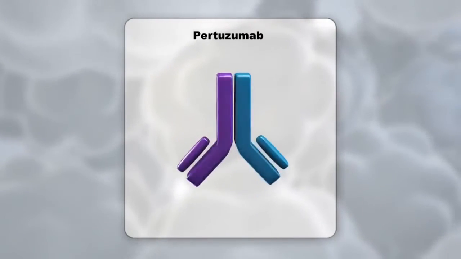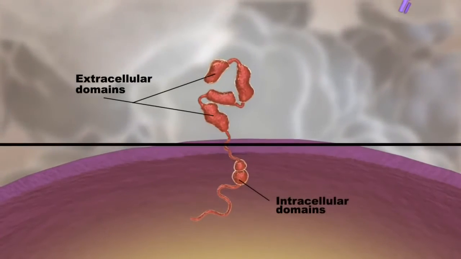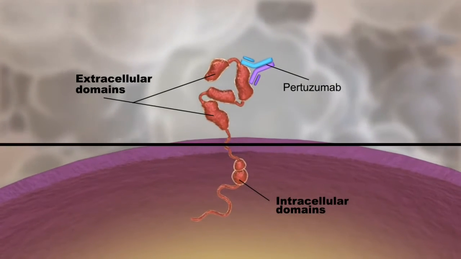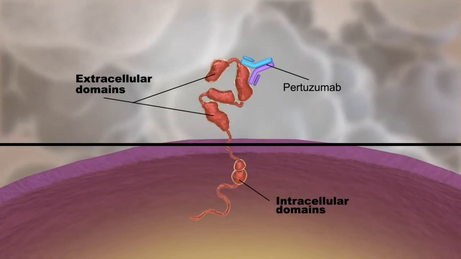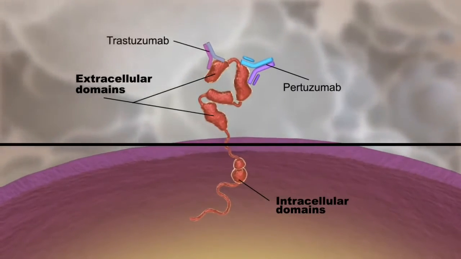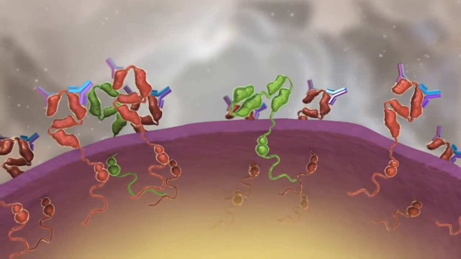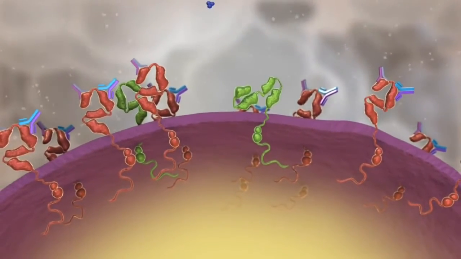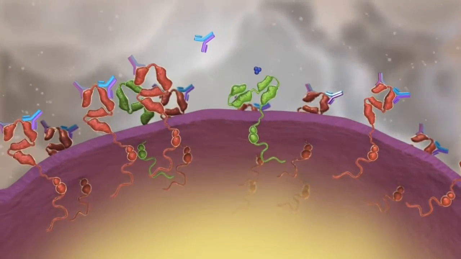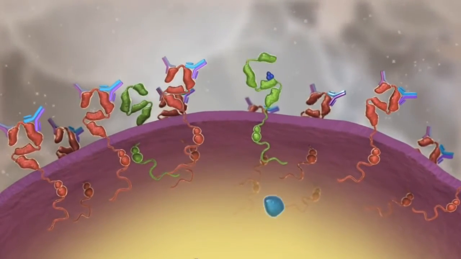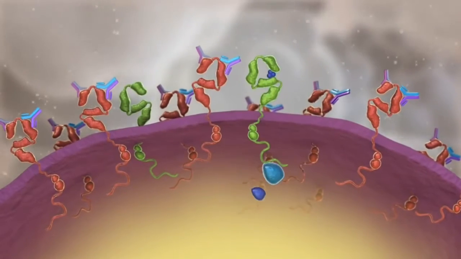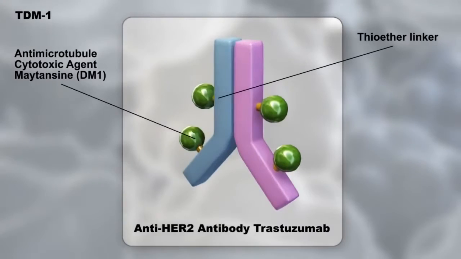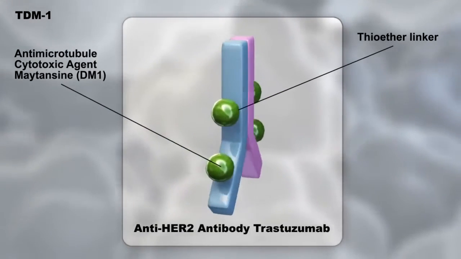Pertuzumab is another monoclonal antibody that binds to domain 2 of HER2 and can be used along with trastuzumab, which binds to domain 1, and have a synergistic effect. When the ligand binds to HER3 receptors, for example, dimerization of HER2 with HER3 is blocked by these monoclonal antibodies and hence the downstream pathway is not activated.